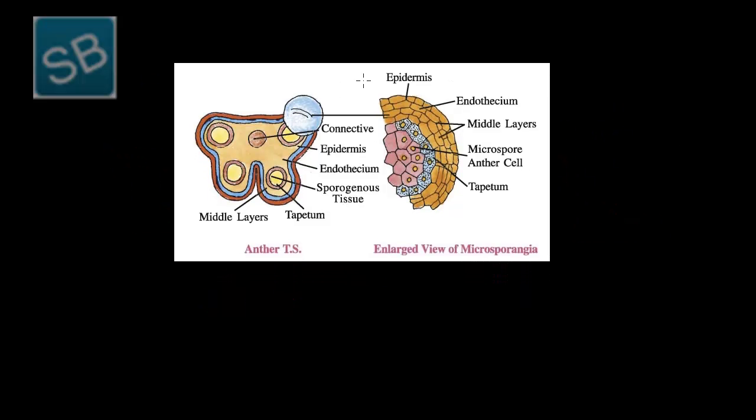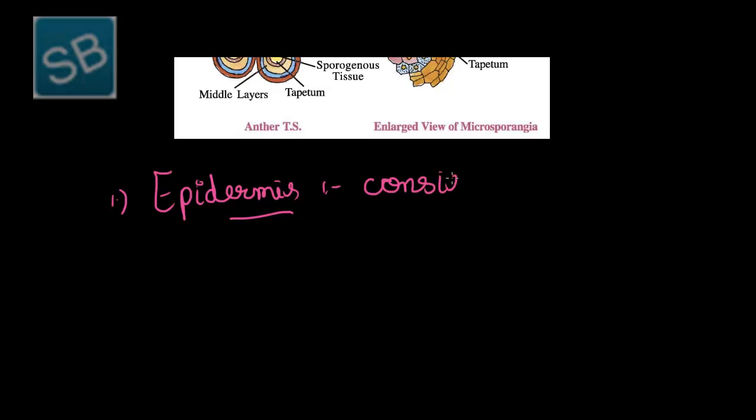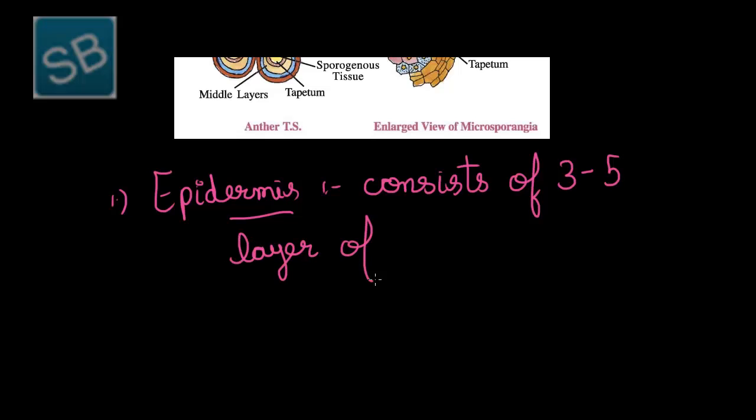Now, as it can be seen from the figure, the outermost layer, that is epidermis, consists of about 3 to 5 layers of cells and occurs in a stretched or flattened manner.